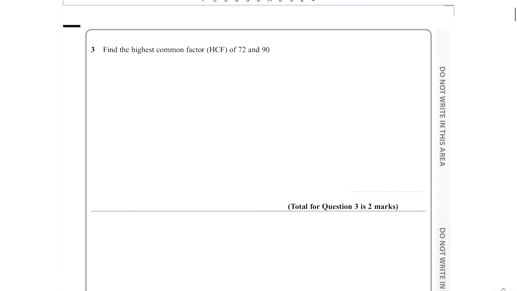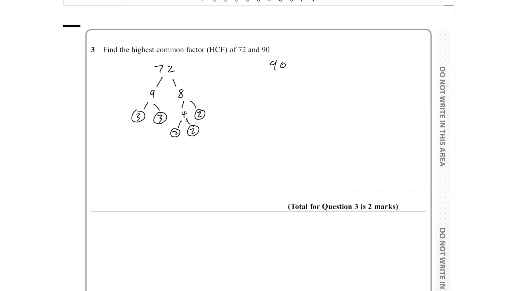Find the highest common factor of 72 and 90. So I like to solve this using the product of prime factors, so that's going to be 9 times 8. 9 is 3 times 3, that's a prime number, and 8 is 4 and 2, which becomes 2 and 2.